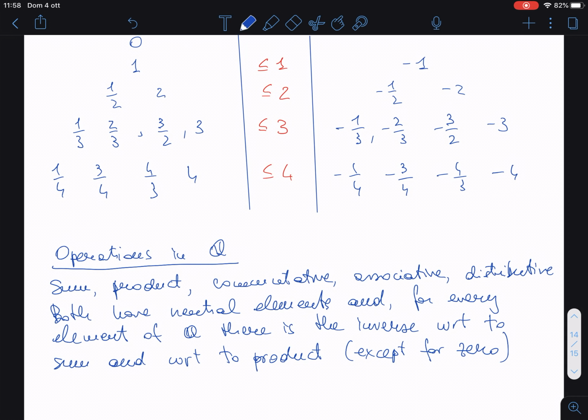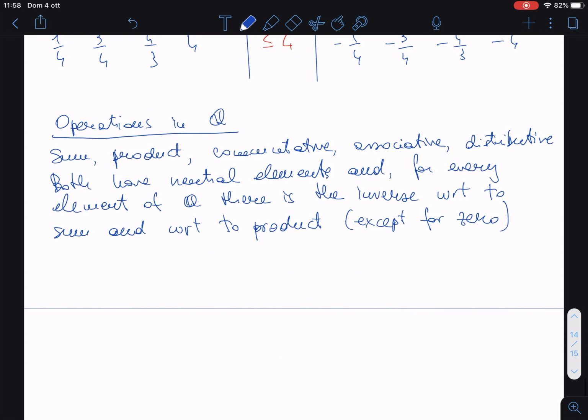And okay, the other thing we can introduce is the standard representation.